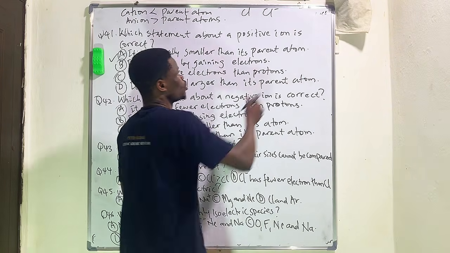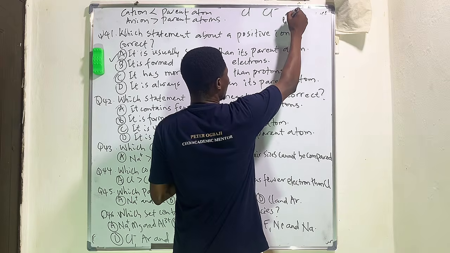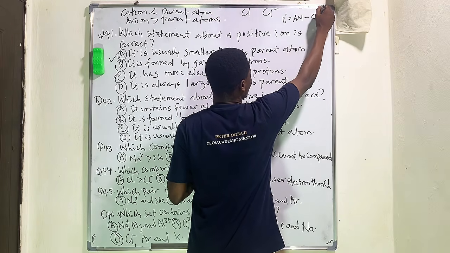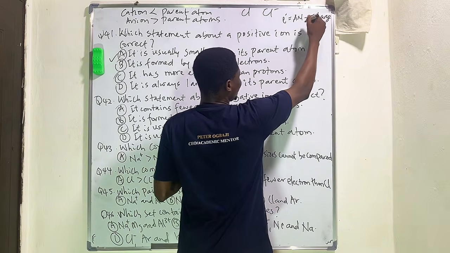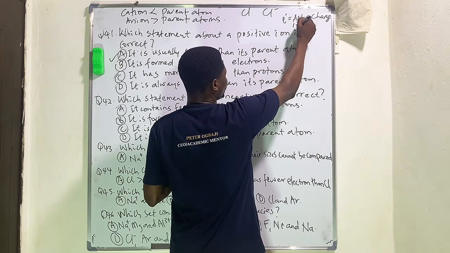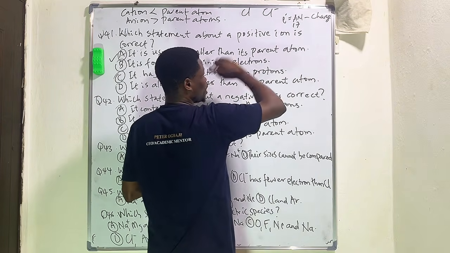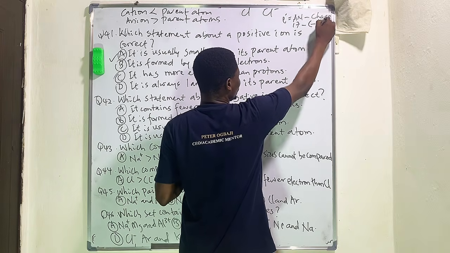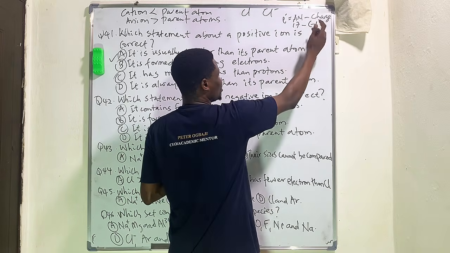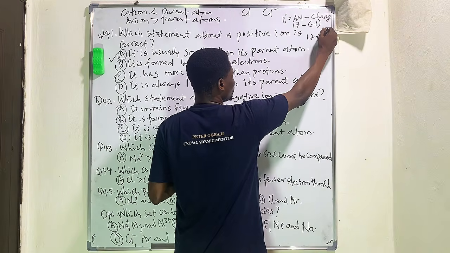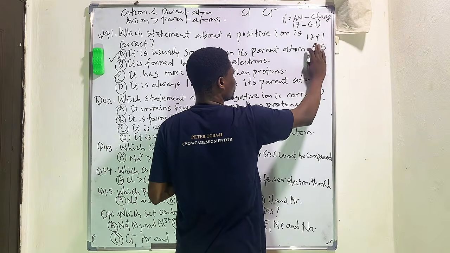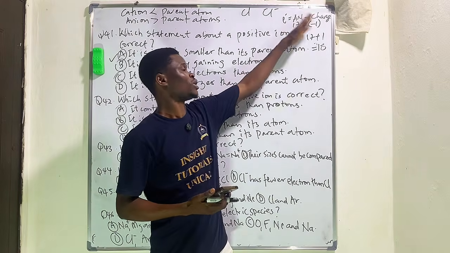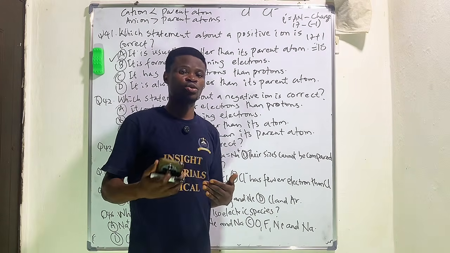The atomic number of chlorine is 17, minus the charge, which is negative 1 here. So negative and negative become positive, 17 plus 1, so it becomes 18. So the number of electrons is going to increase.